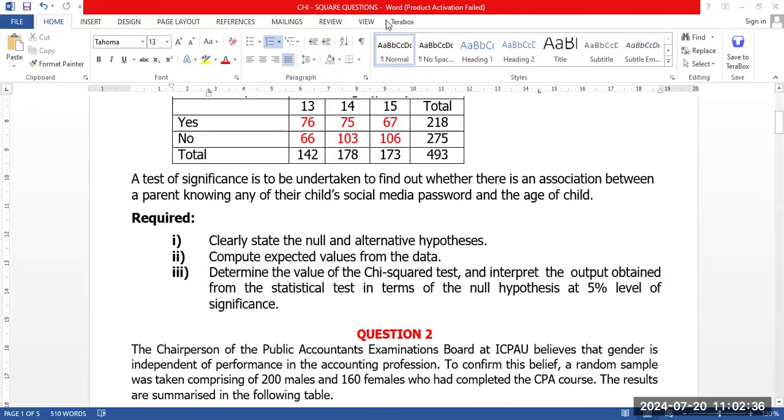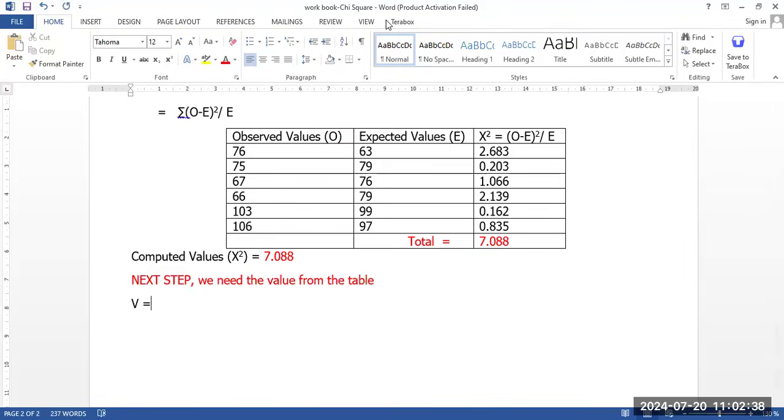Degree of freedom will be equal to the number of rows minus 1, times the number of columns minus 1.